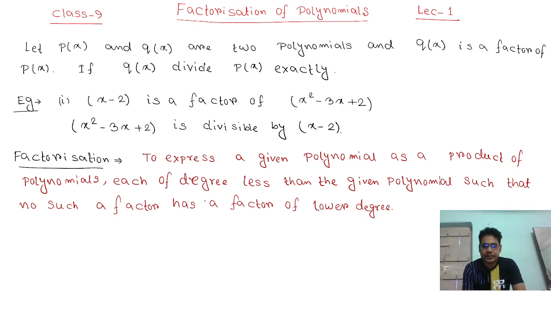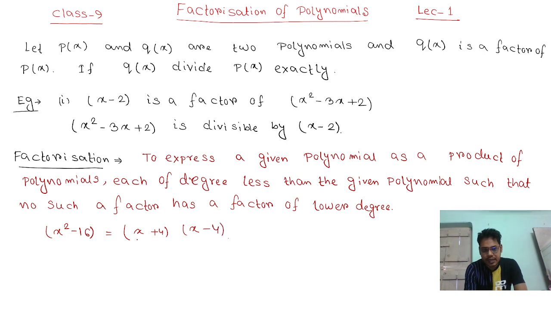It is very easy. If we take an example, x squared minus 16 is the polynomial, and we have to factorize it in such a way that the degree of each polynomial in the product is less than that of the given polynomial. That means we write it as x plus 4 into x minus 4. Now just look at the degrees.